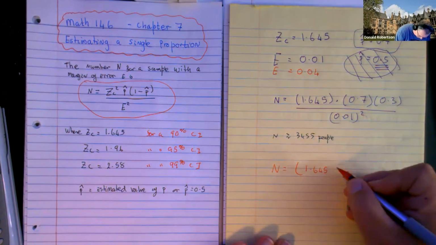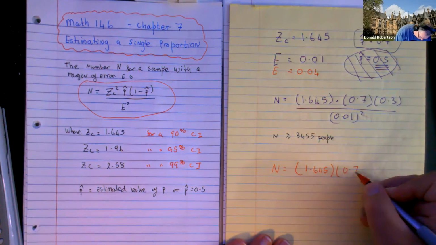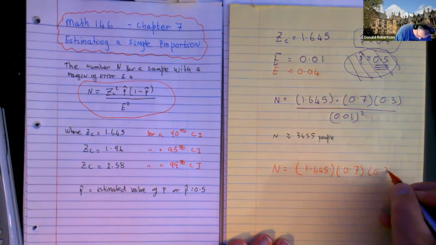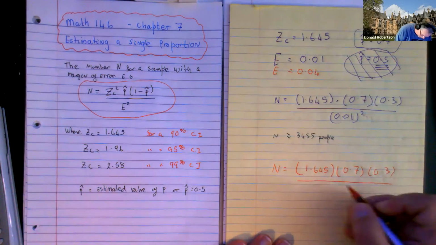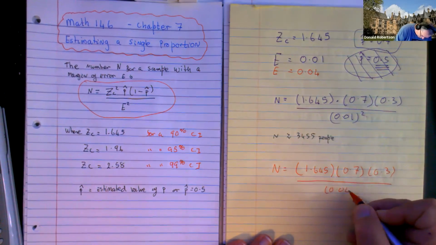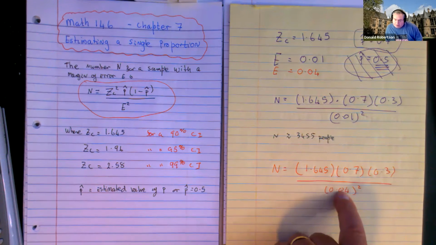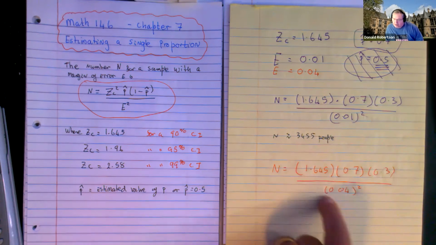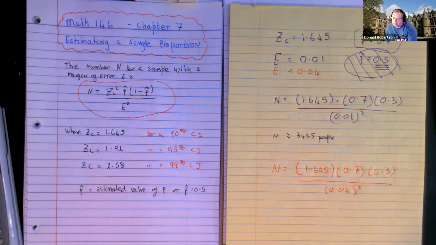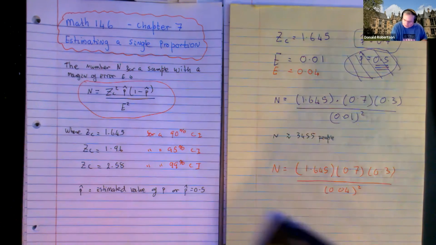It's going to be 1.645 times 0.7 times 0.3, because none of those numbers change. The only thing that changes is that this guy is bigger. Now, if you have a bigger number on the bottom, what happens to a fraction? Do you get a bigger answer or a smaller answer?